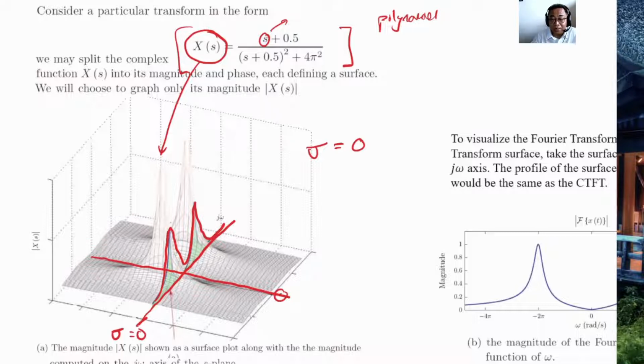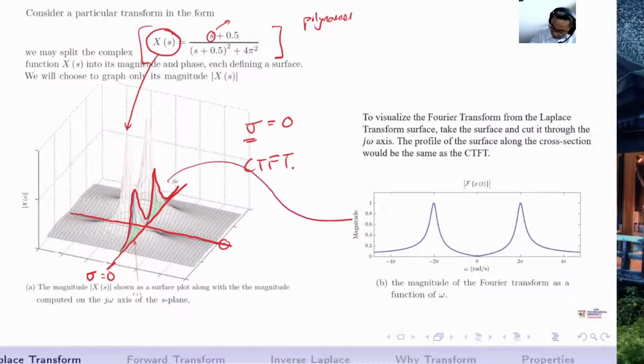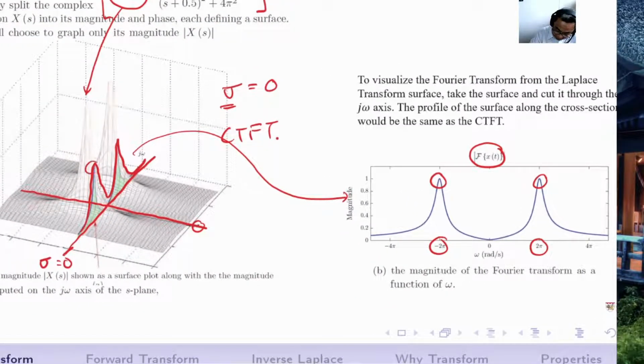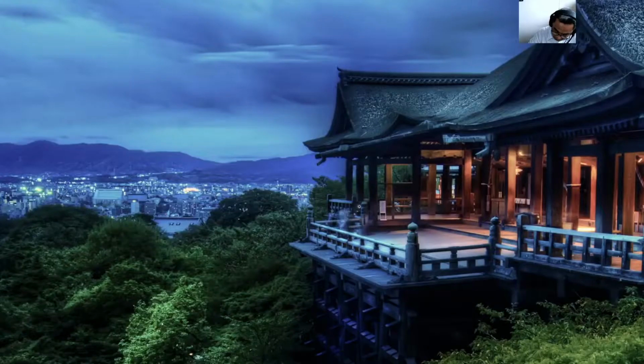And let's remind ourselves, when sigma equals 0, this is the continuous time Fourier transform of the signal. So when we extract this out, this is the magnitude of the continuous time Fourier transform of the signal. Notice this peak here at minus 2π and plus 2π. Where are they? They are here. At this peak will be minus 2π, and at this peak will be 2π.